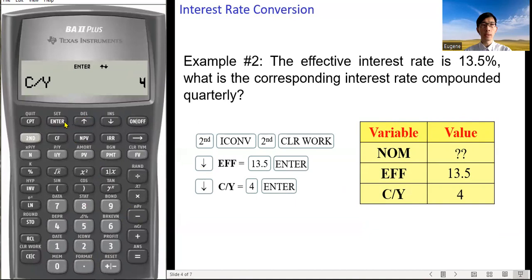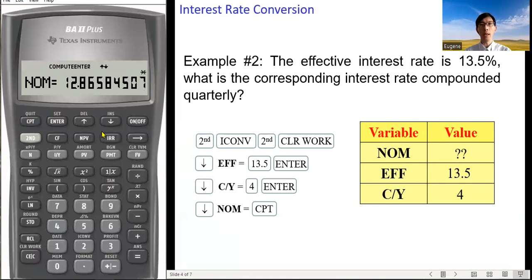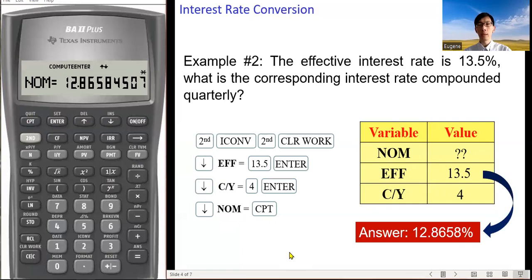Not to forget to press the enter key to input the variable. And then we can get back to the variable NOM. Press the CPT button, and we get the corresponding nominal rate. The nominal rate is 12.8658% compounded quarterly.